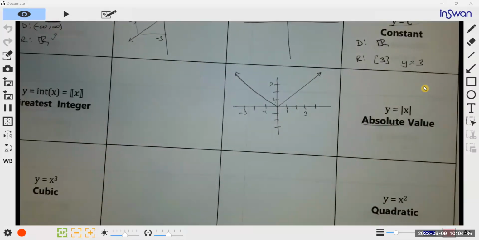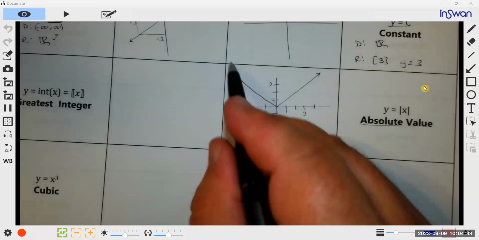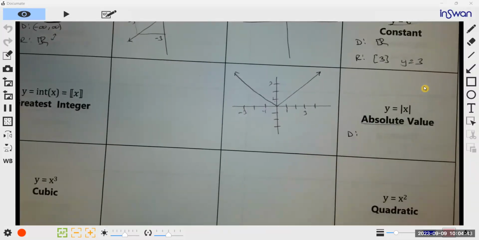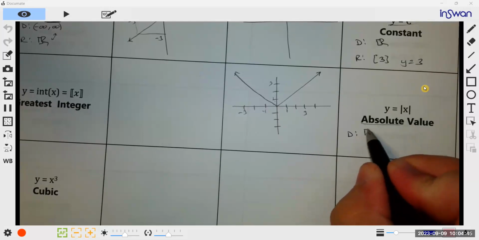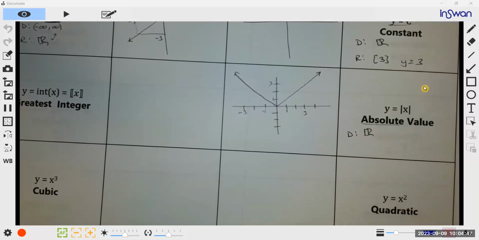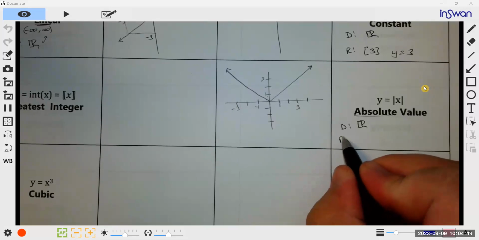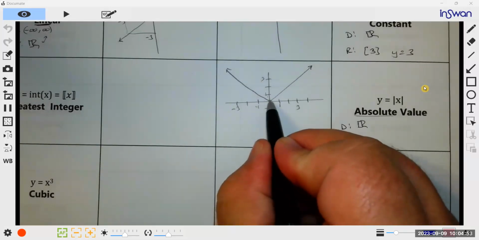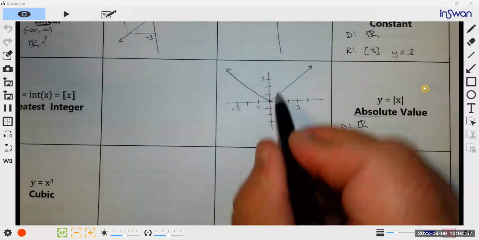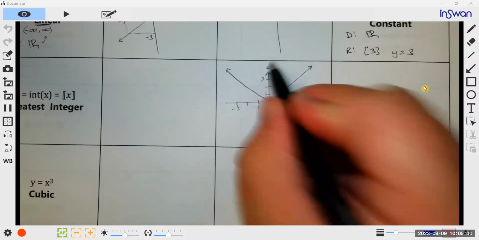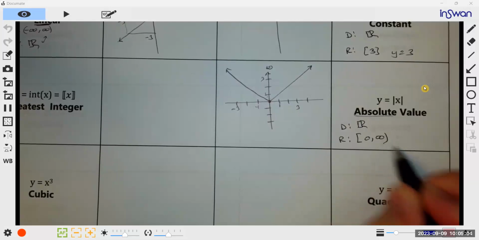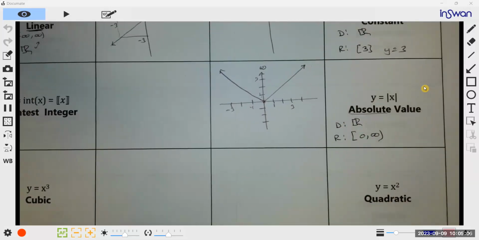So whenever you see an absolute value, it's going to be a V. The domain is from -infinity to +infinity. And the range, the smallest it can go is 0, because the absolute value of 0 is 0, and it keeps on going up to +infinity. So we have that as the range.